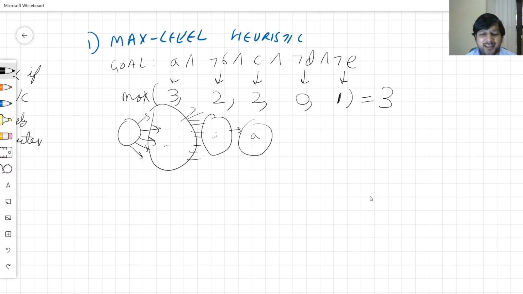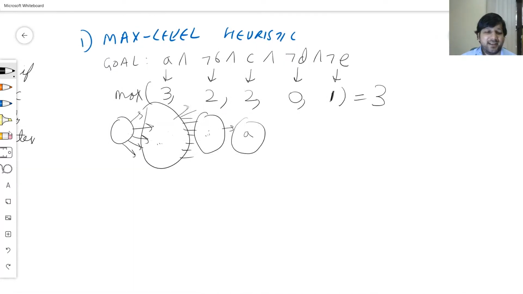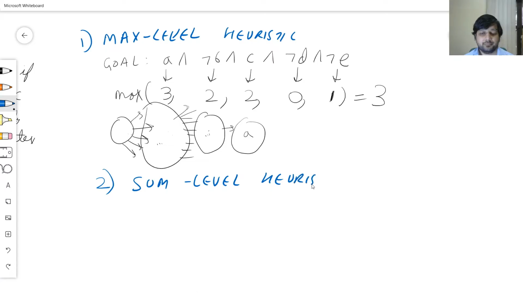The second one is carried forward from the last lecture. For the same example, it says that you assume subgoal independence.